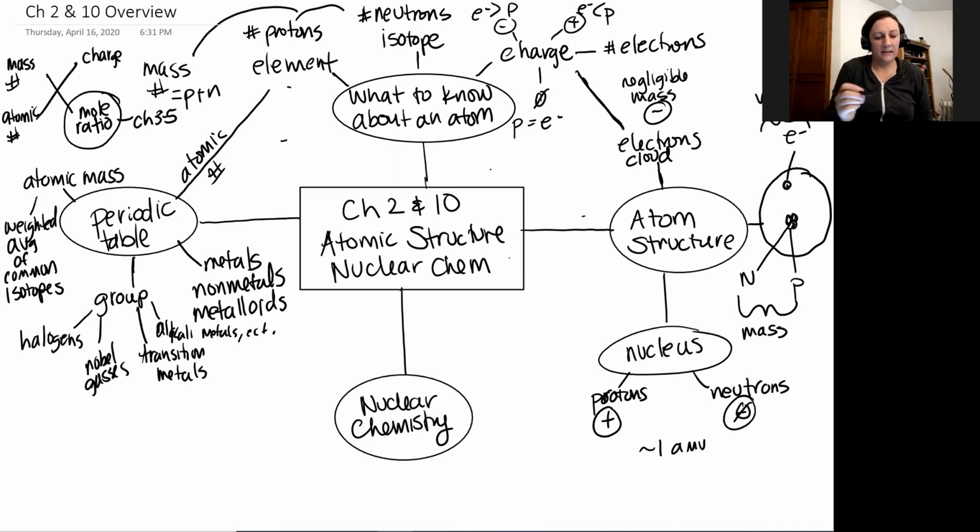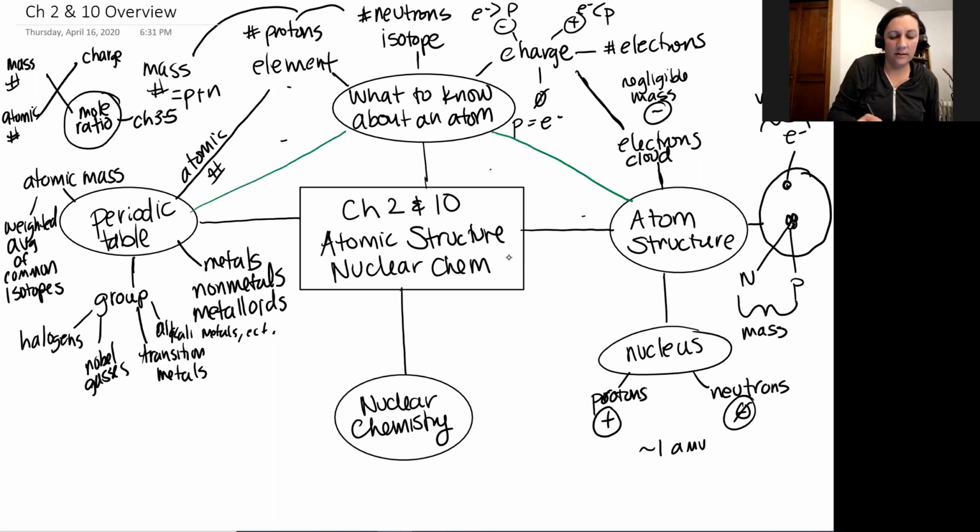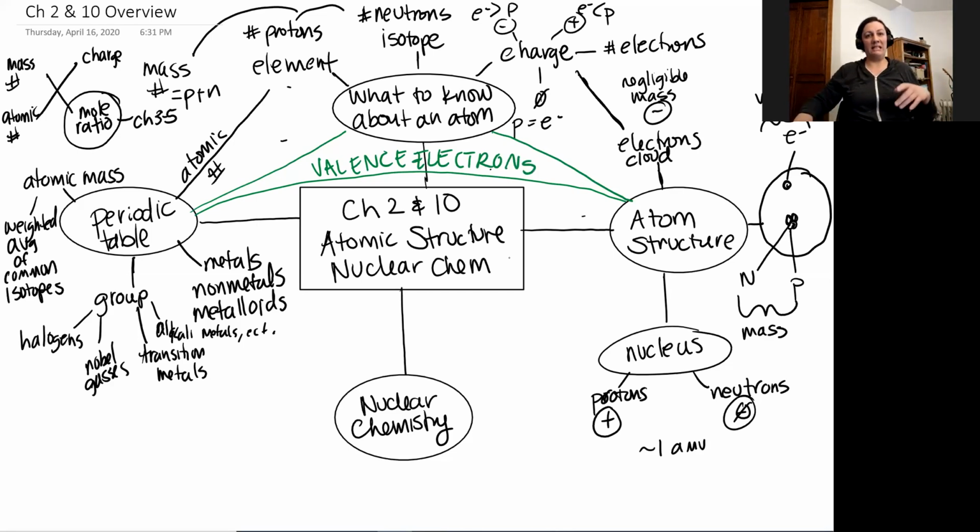One thing that ties the periodic table to what you should know about atomic structure, so I'm going to link these three together, is the number of valence electrons in an atom. Our number of valence electrons indicates the electrons that are on the outer shell, or the outside, of an atom.